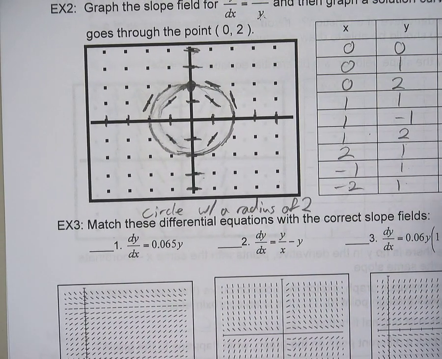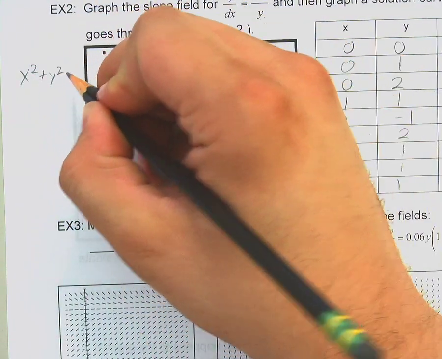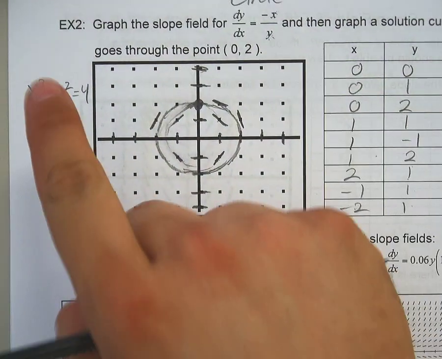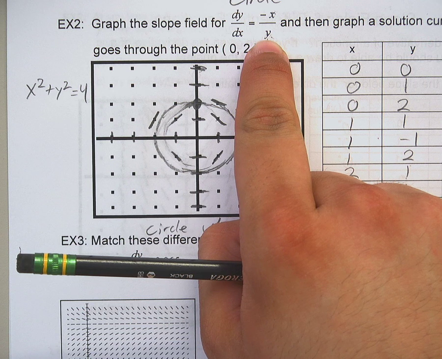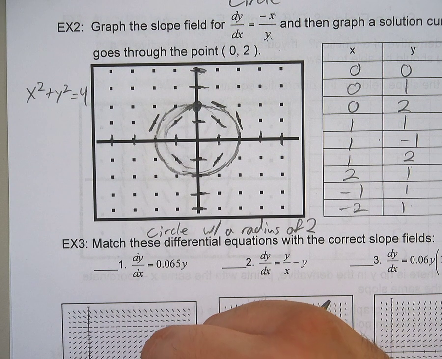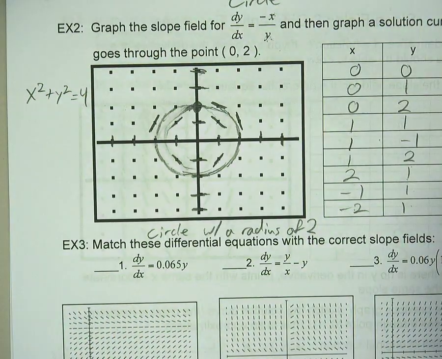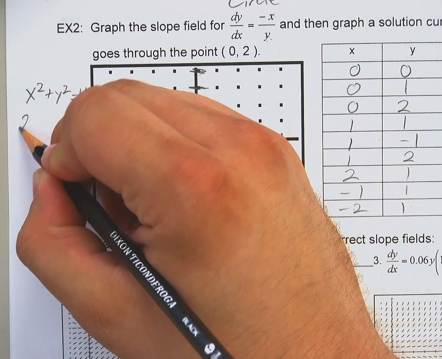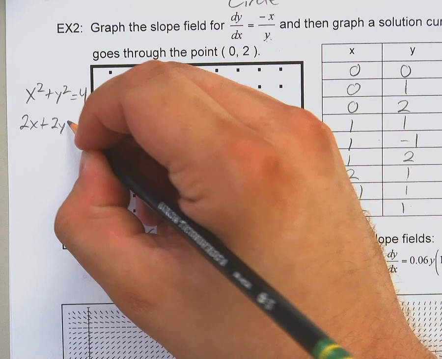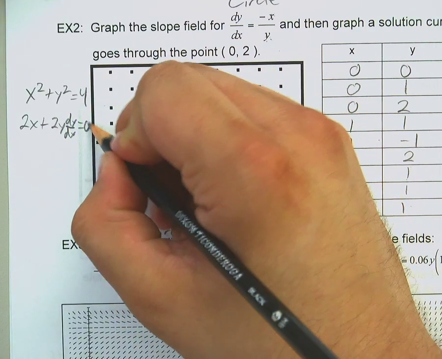So let's verify that. Formula for a circle is x squared plus y squared equals r squared. So 4. Let's take the derivative and see if we get this. I'm interested. Solve for dy/dx and see if we can get that. So I take the derivative of both sides with respect to x, obviously. You're going to have 2x plus, and the derivative of y squared is 2y dy/dx, is equal to 0.